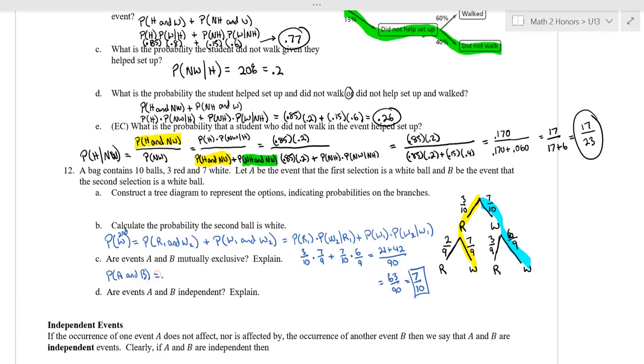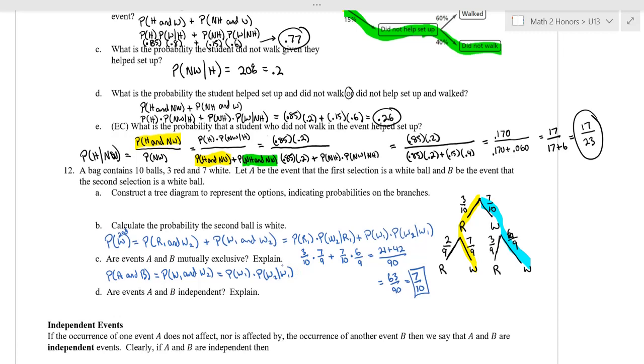Okay, and what does that mean? A is the event the first one's white, and B is the event that the second one's white. So that's really saying, what's the probability that I get the first one white and the second one white? Using our formula, that would be the probability of the first one white times the second one white given the first is white.